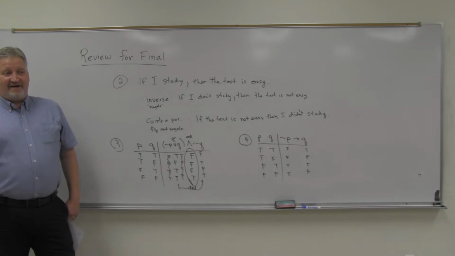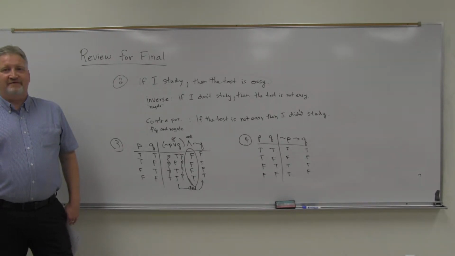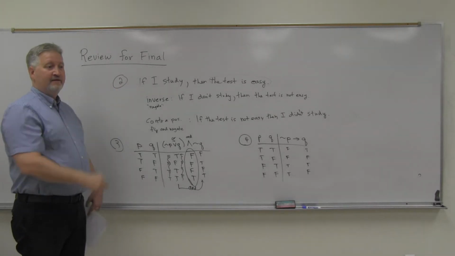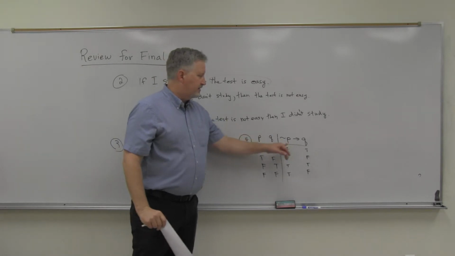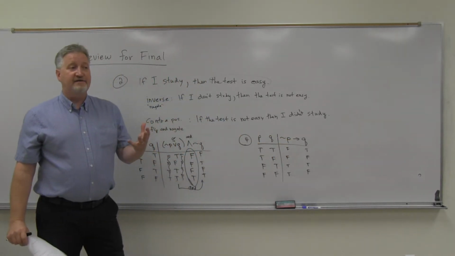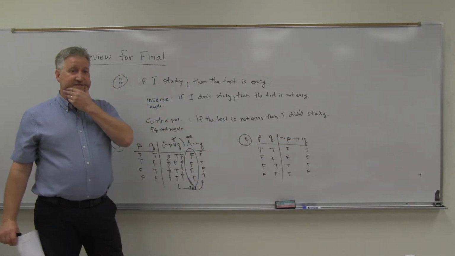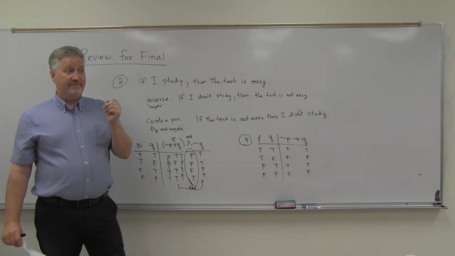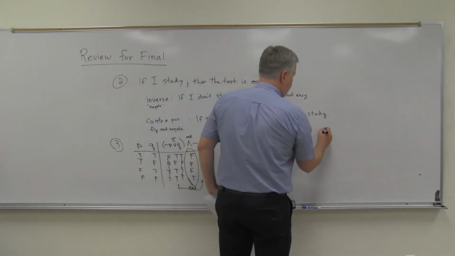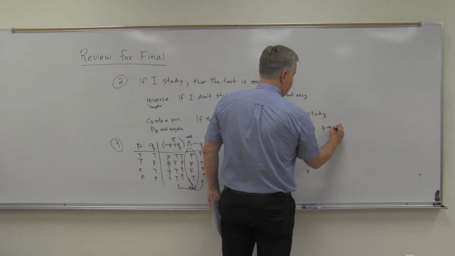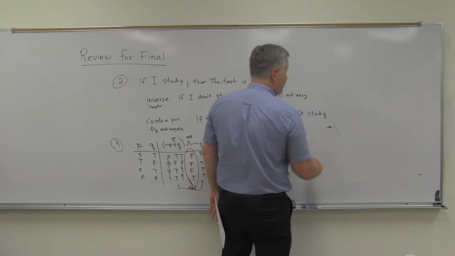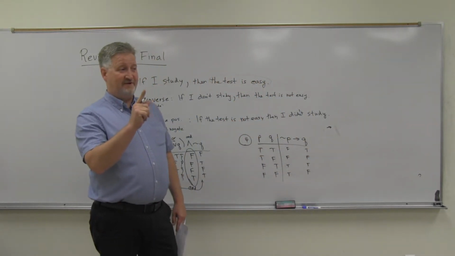The arrow signifies what words? What would the words be for the arrow? That's the if-then, right? So it's the conditional statement, we called it. But how does it work as far as trues and falses go? It's a tricky one. There's only one time it's false.